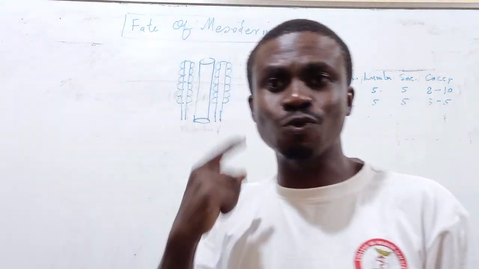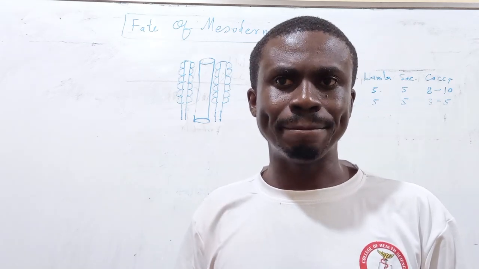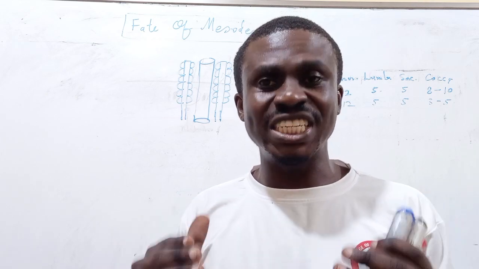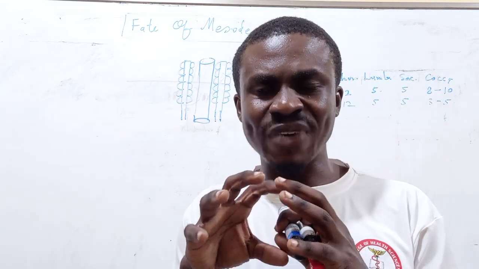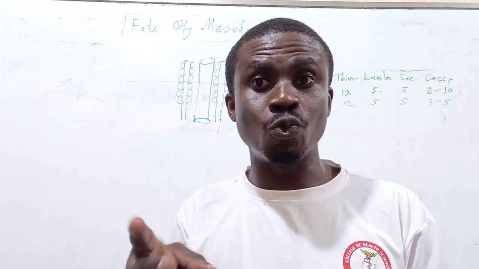Now, if I take just one somite, how does that somite look? Ball-like condensations. These somites initially are divided into 2, so the somite is differentiated into 2 areas.